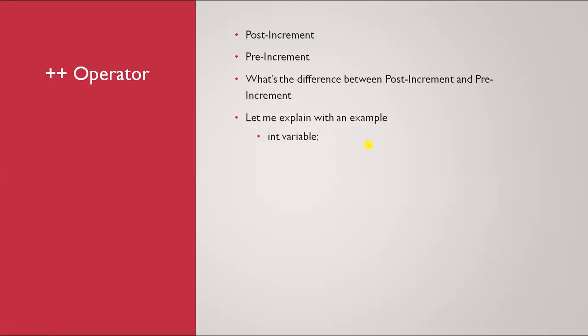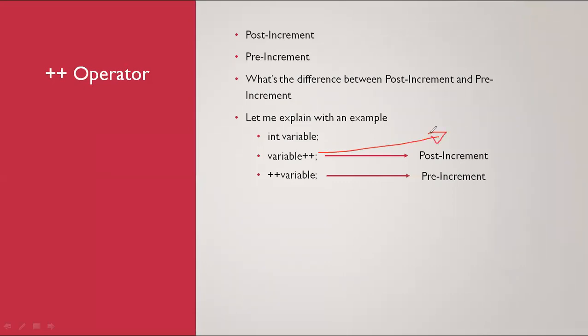Let us say there is an integer variable, and if you give variable plus plus, that itself we call a post increment, and plus plus variable we call a pre-increment. So variable plus plus is post increment, and plus plus variable is pre-increment.